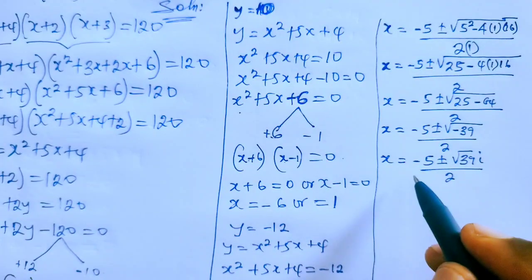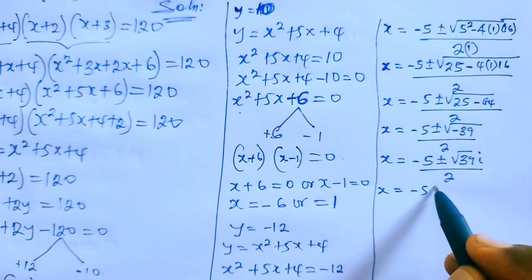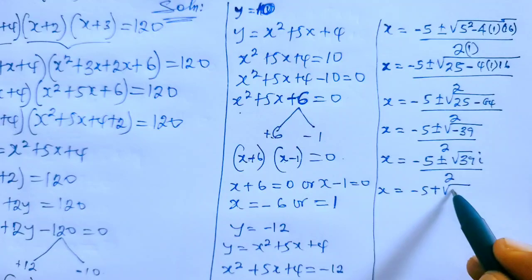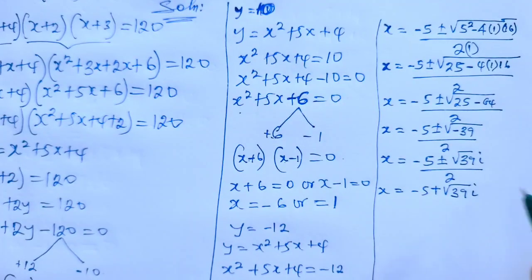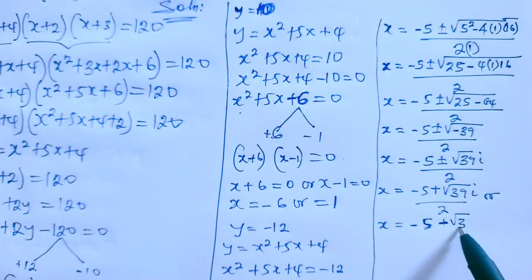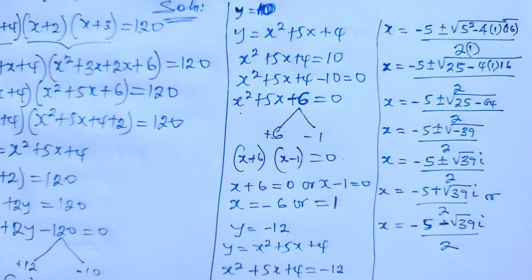Now this can also be simplified as x equals minus 5 plus square root of 39 i, all over 2, or x equals minus 5 minus square root of 39 i, all over 2.